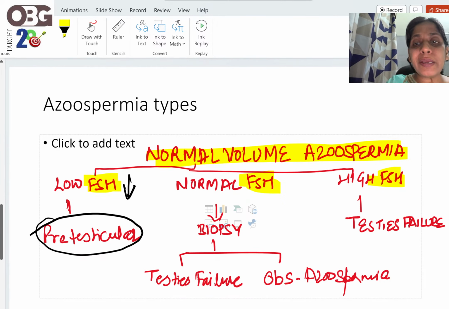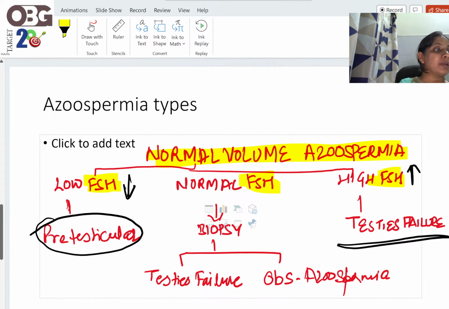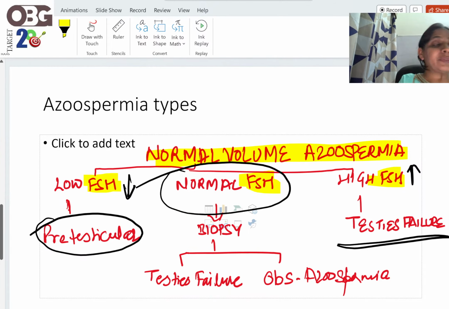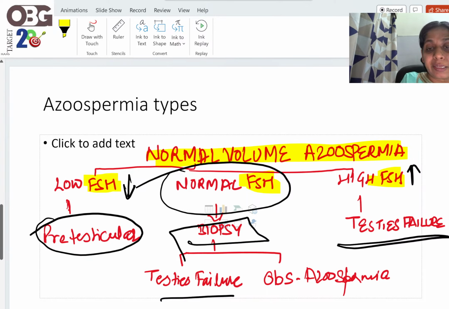And if the FSH is high, then there is testes failure, because of the loss of the negative feedback, because testes produce testosterone and testosterone causes the negative feedback. And if the FSH is normal, then we need to do biopsy to see whether it is testis failure or obstructive azoospermia.